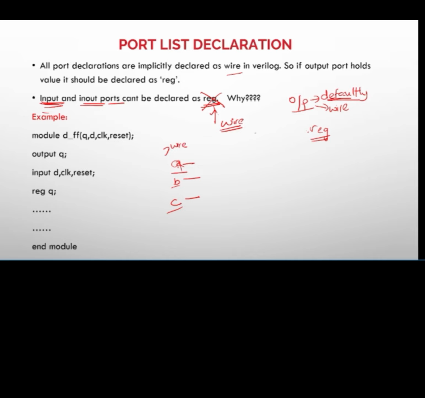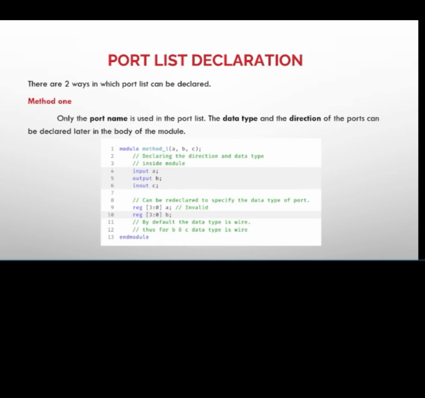But output can be declared as reg. Even though by default it is wire, we can change it to reg, but there is no such option for inputs. Got my point? This is the port declaration.